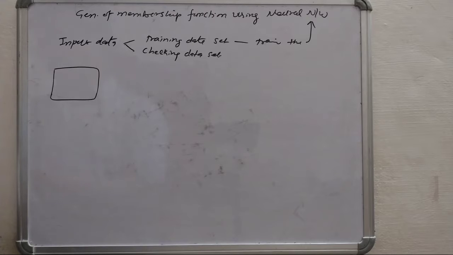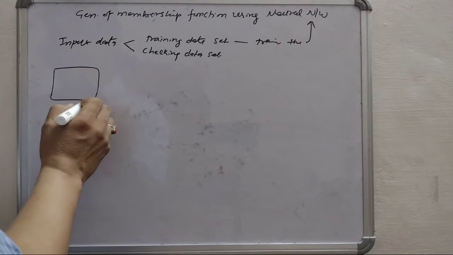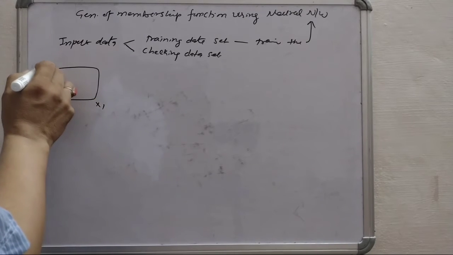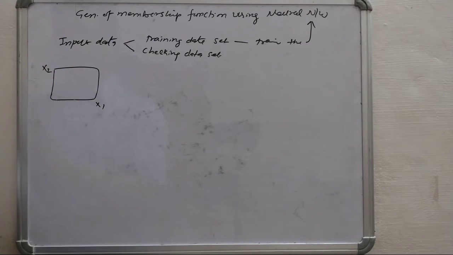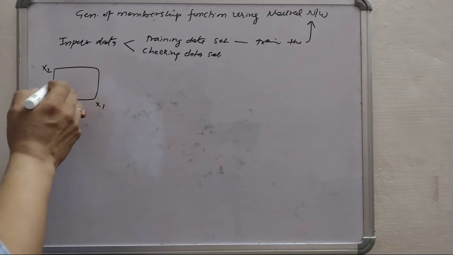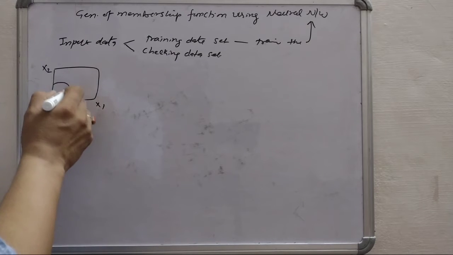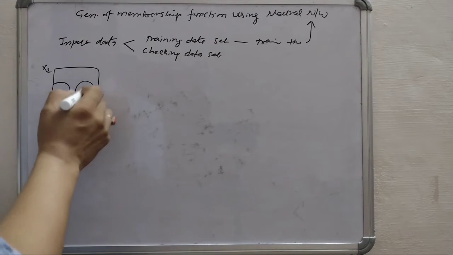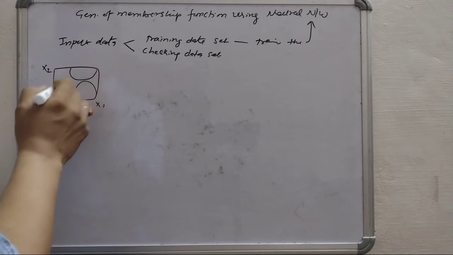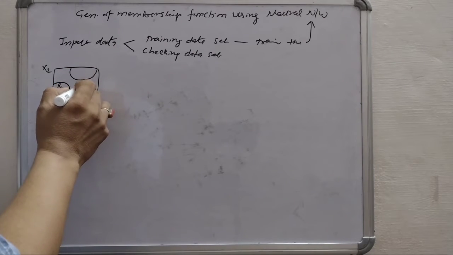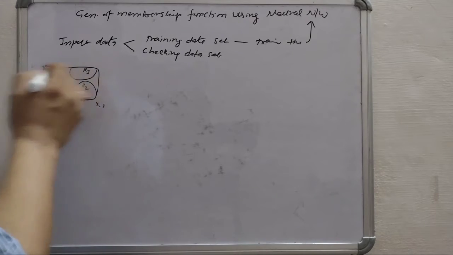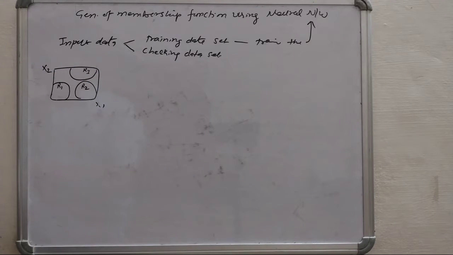In two dimensions we can represent the training data set, and this training data set is divided into, let's suppose, three regions: R1, R2 and R3. Like this is R1, this is R2 and this is R3. So this data is divided into three different regions.